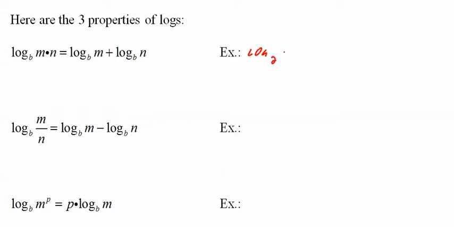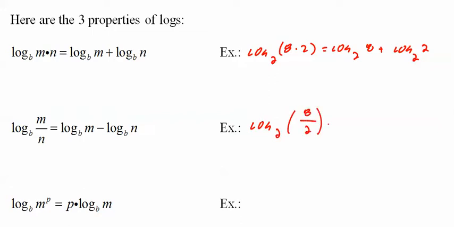Log base 2 of 8 times 2 is log base 2 of 8 plus log base 2 of 2. That's it. Log base 2 of 8 divided by 2 is log base 2 of 8 minus log base 2 of 2.